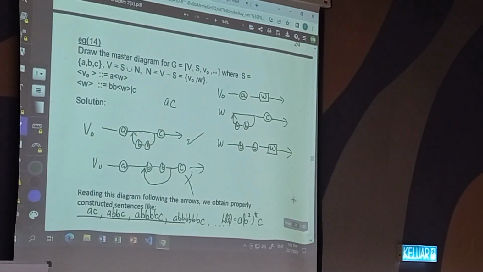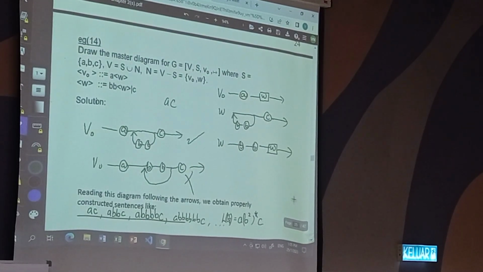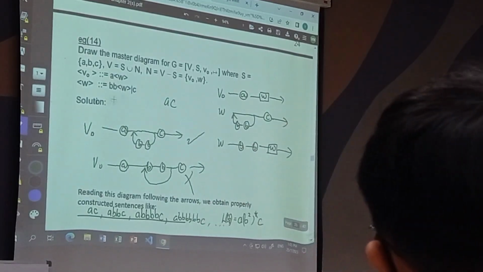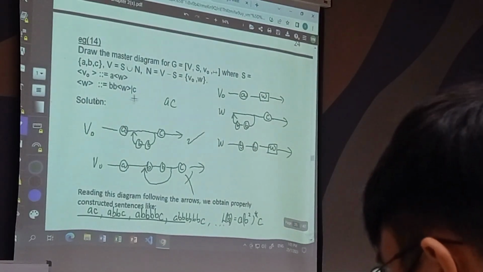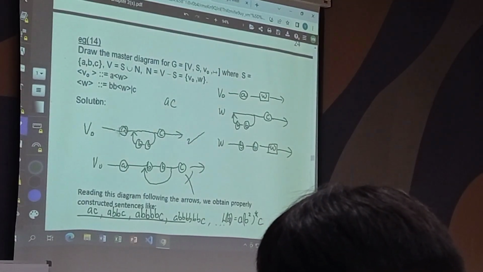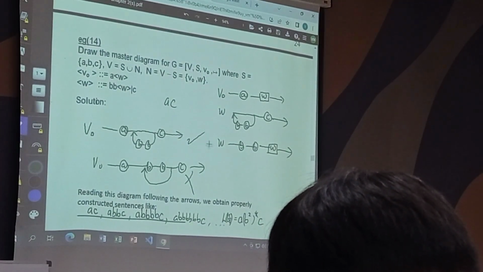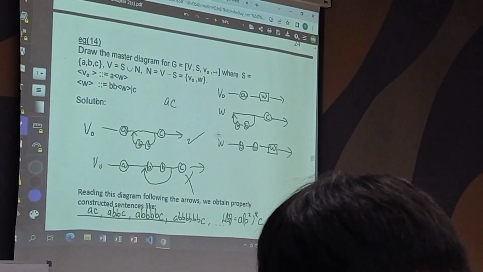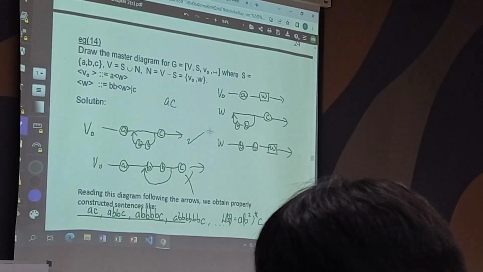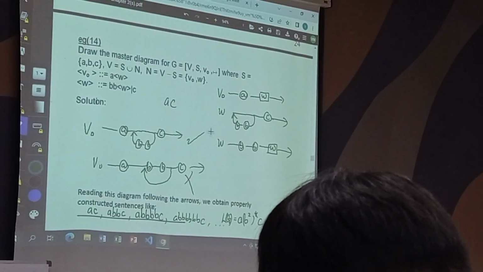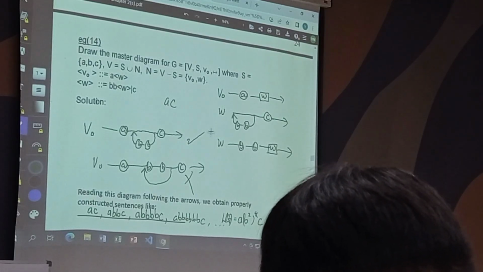Any question for this? Any other different diagram for this one? I think this one, not many different ways to draw.